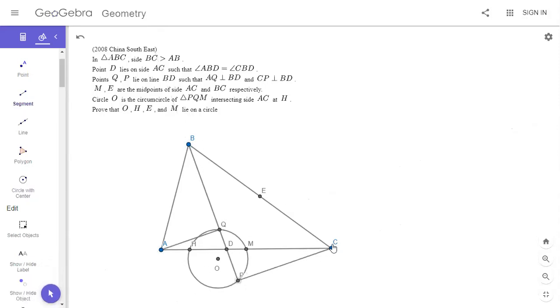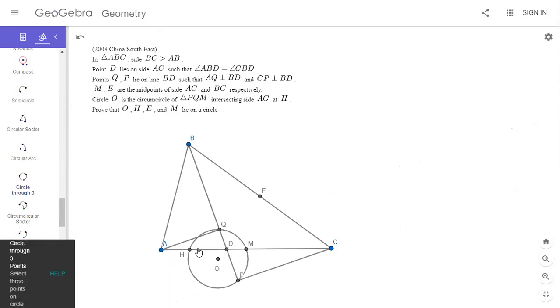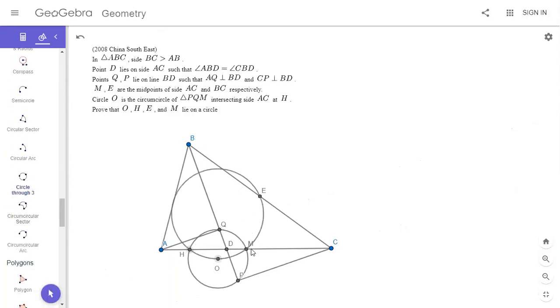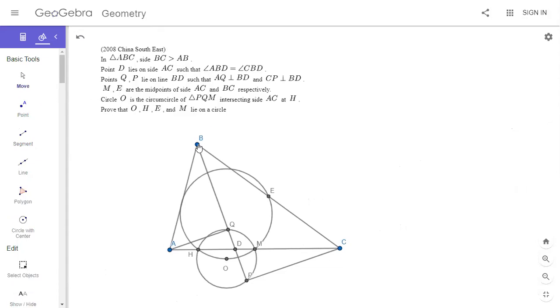All right. So let me check that the problem is true. OHEM. They are indeed cyclic. So yeah, there's a couple ways. Like I could take the circumcircle of OHM and let it intersect the side at E and at E prime, and I could show E prime is the midpoint, something like that.